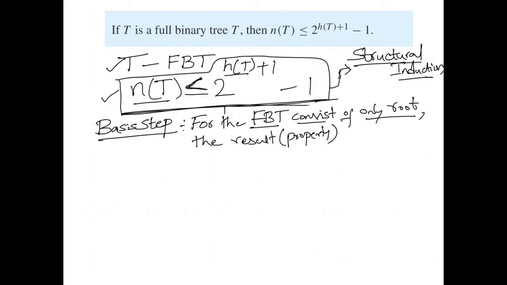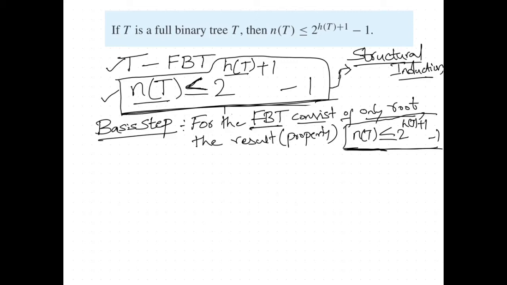What is that property? N of t is always less than or equal to 2 to the power of h of t plus 1, minus 1. When my full binary tree has only the root, this inequality gets satisfied.